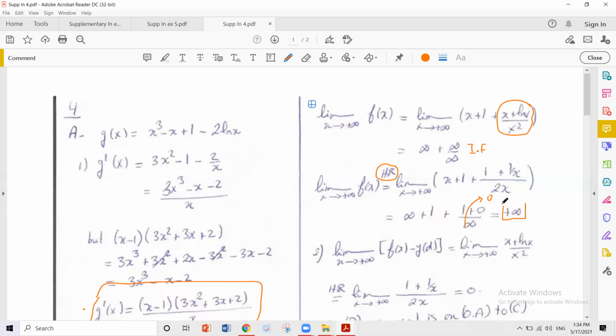So we get plus infinity. Infinity over infinity is indeterminate, so we apply Hospital's, but only to the fraction part, not to x plus 1. Derivative over derivative.